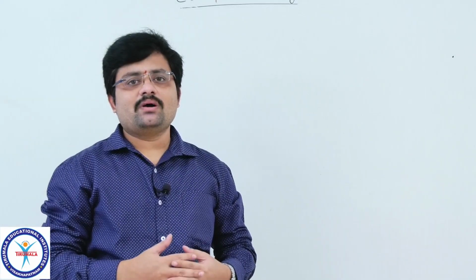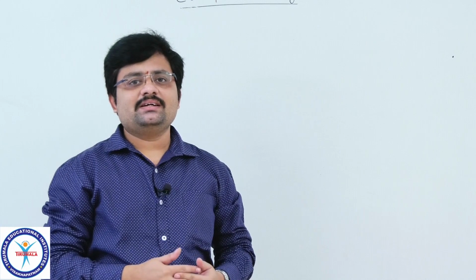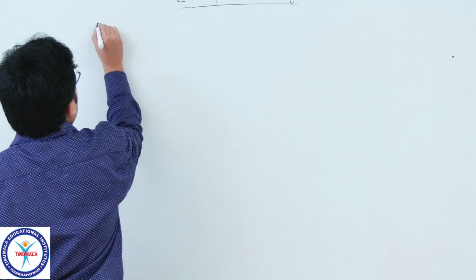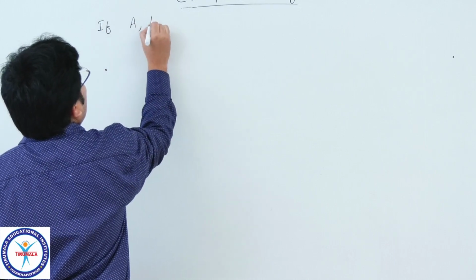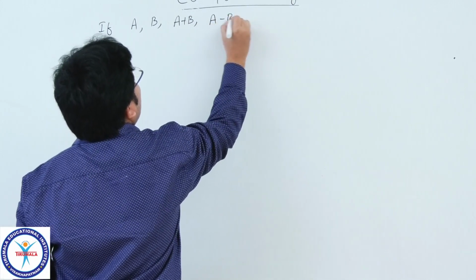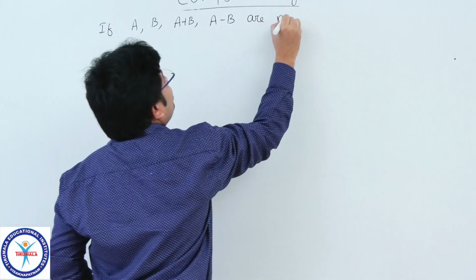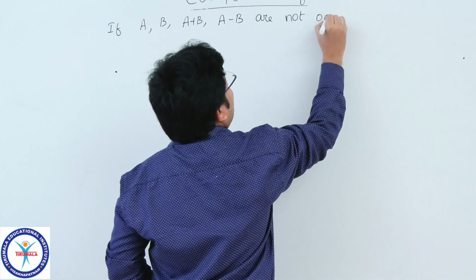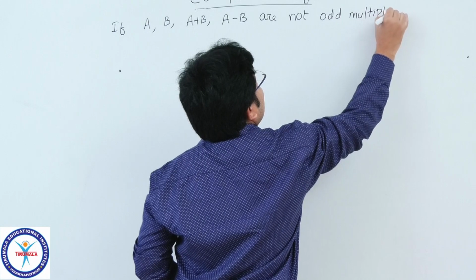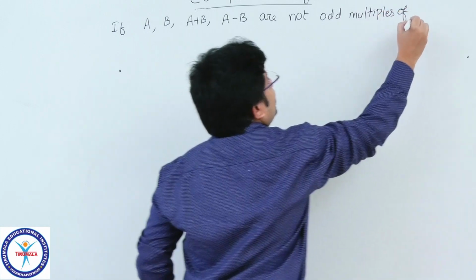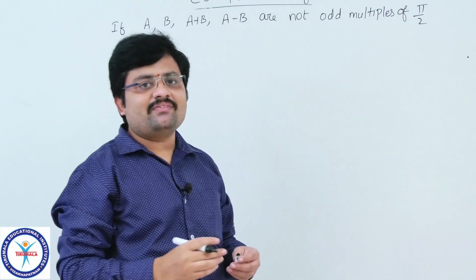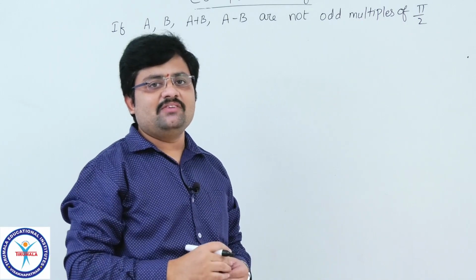Now let us derive the formula for tan(A+B) and tan(A−B). Here A, B, A+B and A−B should not be odd multiples of pi by 2, because at these values the tan value is not defined, that is infinity.